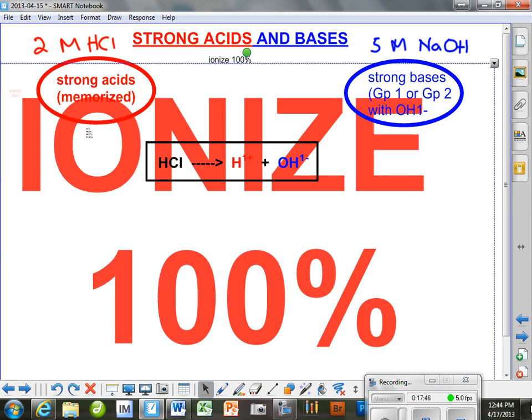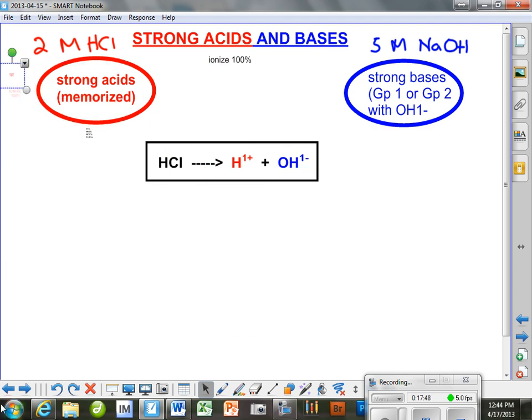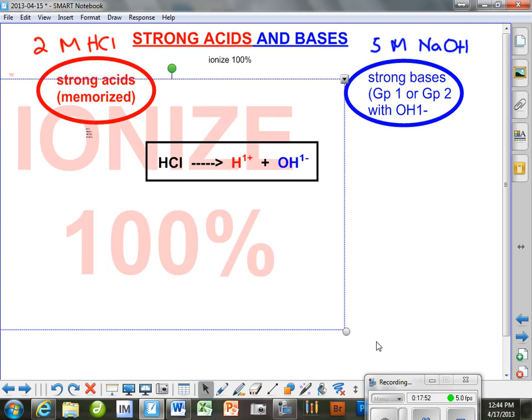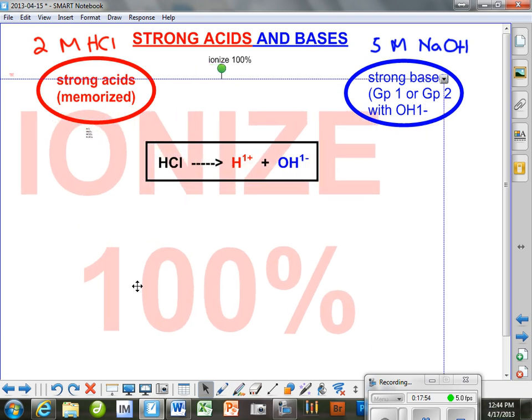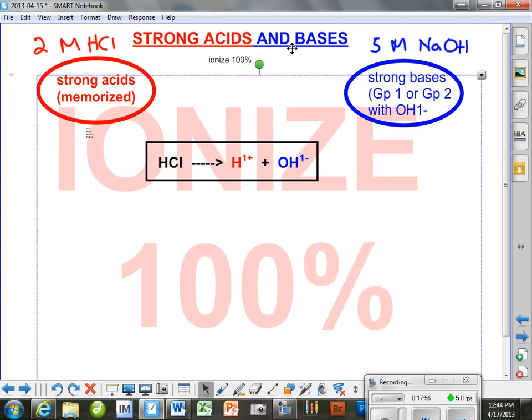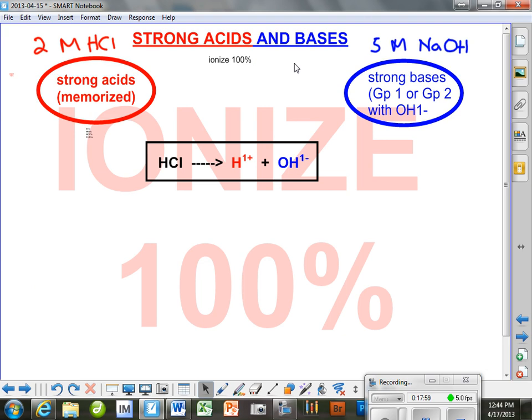Oh, I love this. This is so much fun. But wait, it's not going away. It's coming back in its weaker form. And now we're going to do our work here with that as a backdrop. Everything ionizes 100%, right?